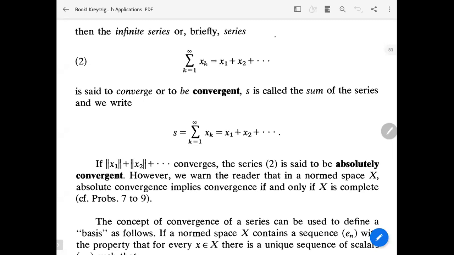If the infinite series that is constructed by adding the norms of the terms of the sequence, the norm of x_1 plus the norm of x_2 plus the norm of x_3 and so on, converges, the series of norms, then we say that the series also converges absolutely.